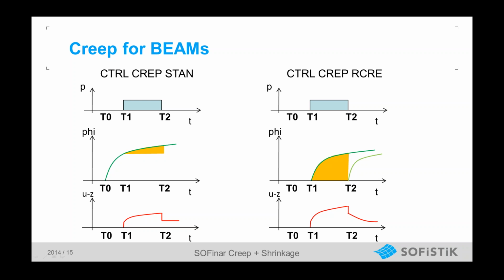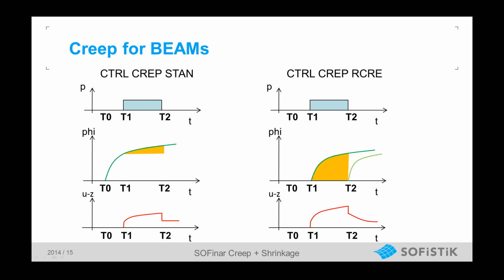Now we're applying a load from T1 to T2. So during the time when we apply this load, the phi value, which is represented by this yellow area, will be used just for this time period. And this results in the last diagram here.